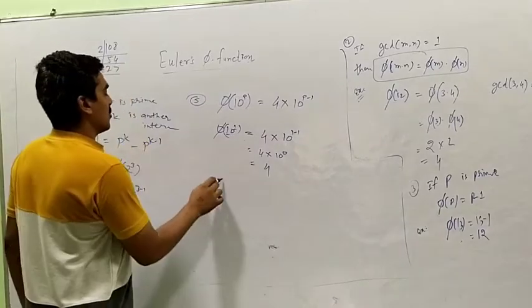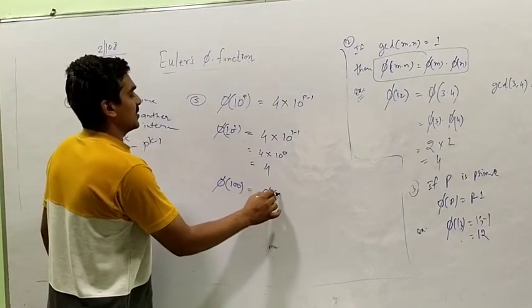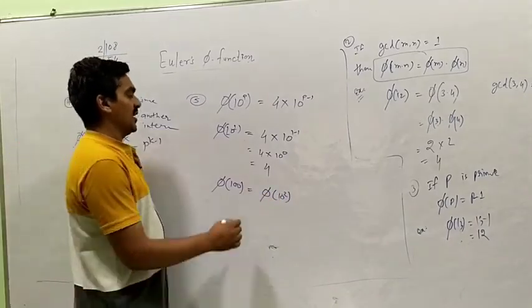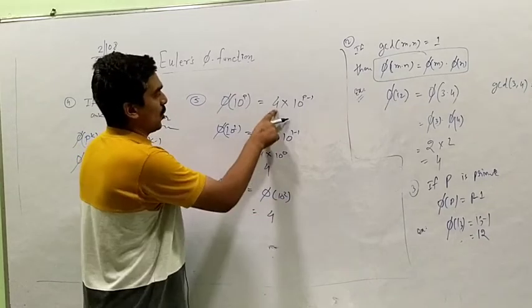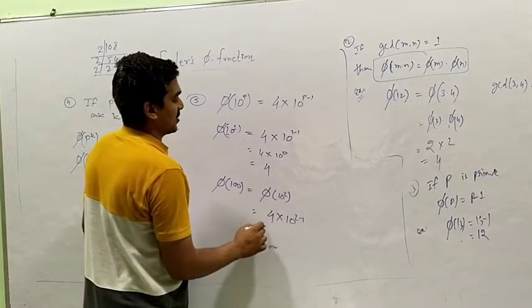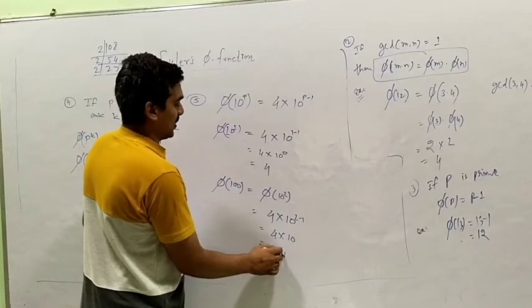Suppose we have to find phi 100, that is 10 squared. Then it is 4 into 10 to the power p minus 1, that is 2 minus 1, that is 10, so that is 40.